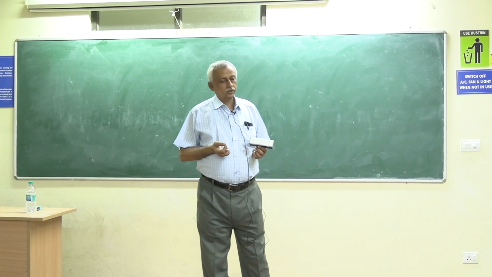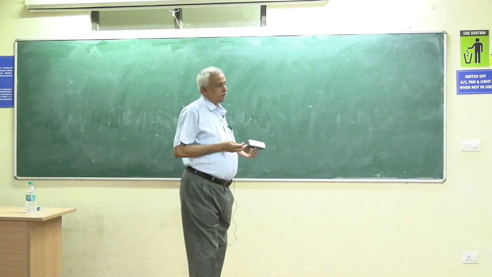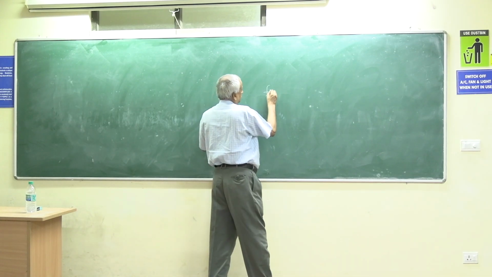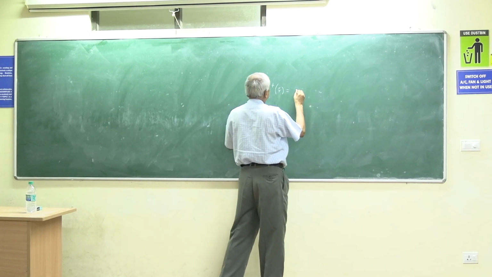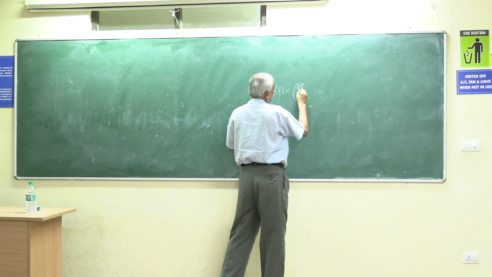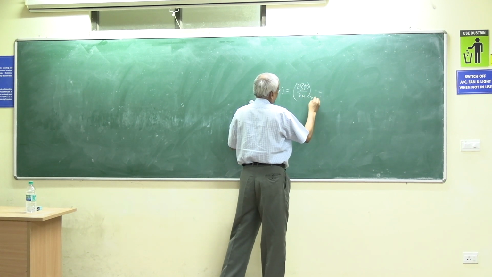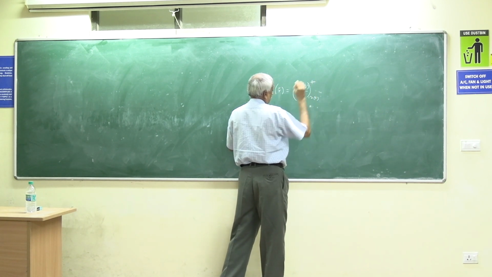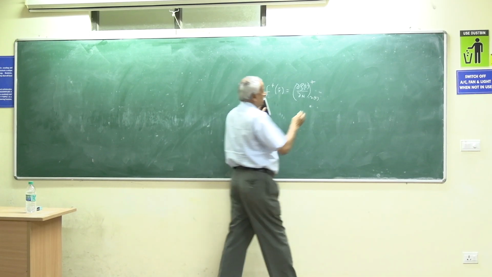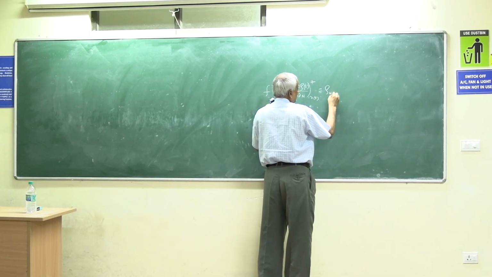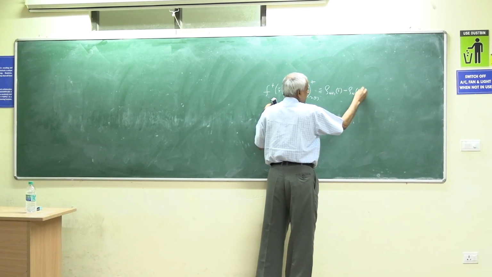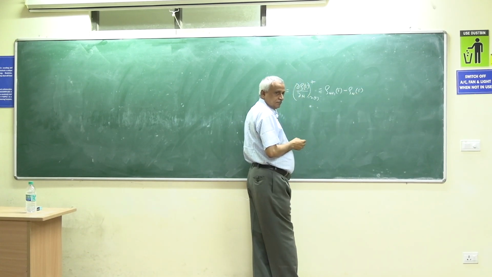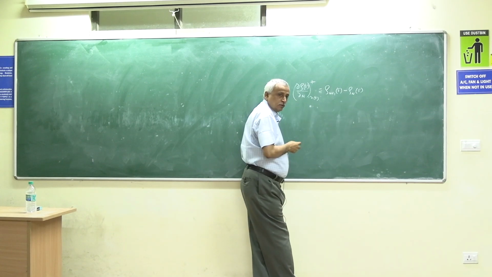Frontier orbital densities. If I call f plus (r), I can write it as del rho(r) del N at constant v(r), plus. That means rho N plus 1 (r) minus rho N (r). This is my delta SCF. And what is rho N plus 1 minus rho N?